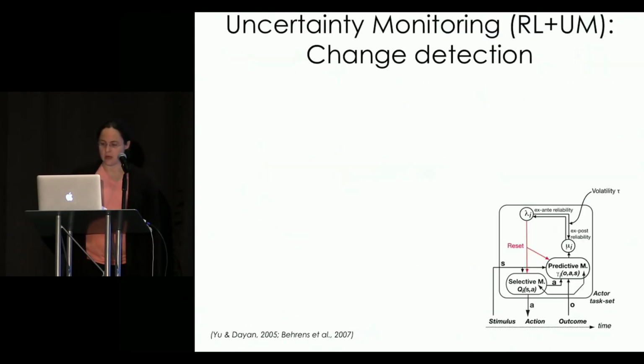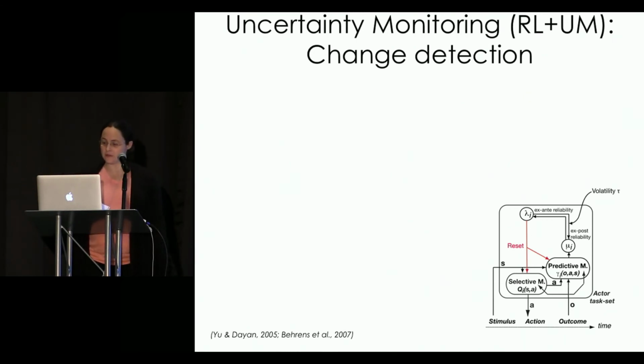So instead, we tried a version where, in addition to this, we monitor our uncertainty about the outcome. We say, with the current actor, I'm expecting to get rewarded if I pick action 1 for stimulus 1. If all of a sudden my predictions are not being met, then my confidence that this is the right thing to do is going to drop.